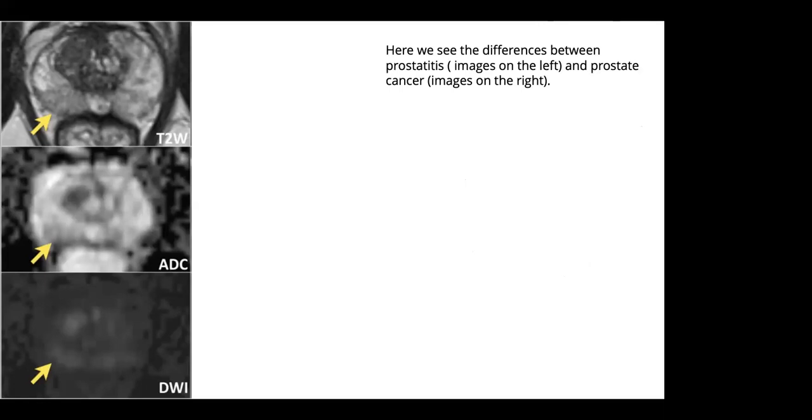In the images, the lesion shown by the yellow arrow is slightly hypointense on T2, also slightly hypointense on ADC, but on DWI it is barely appreciable.